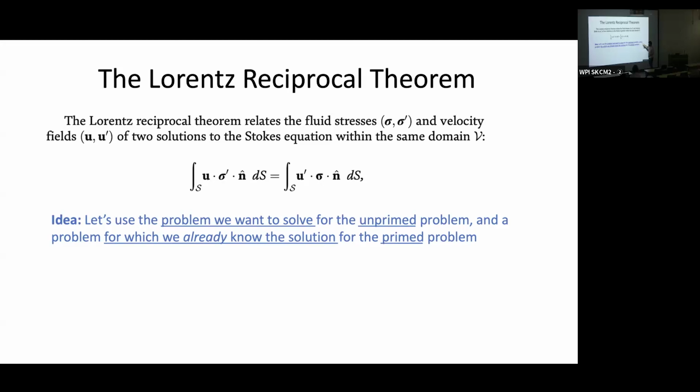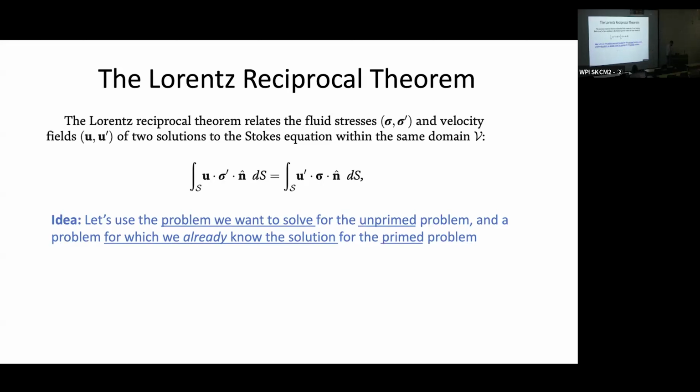Let's use it, and let's use, for the unprimed problem, the problem we want to solve, the Squirmer problem, and for the prime problem, let's use something for which we already know the solution, or for which we can look up the solution. I don't want to solve for the Stokes drag law, but it's something available in textbooks you can look up.